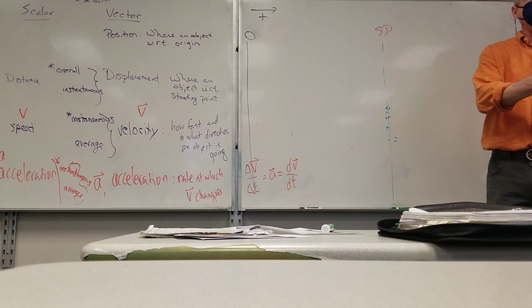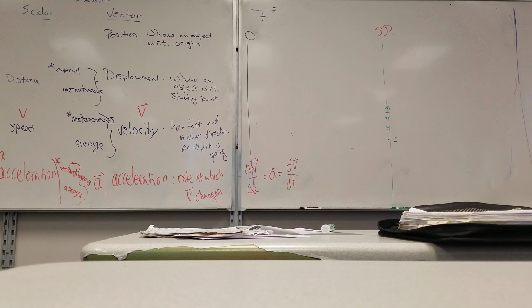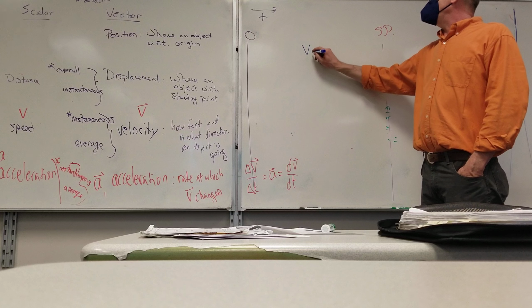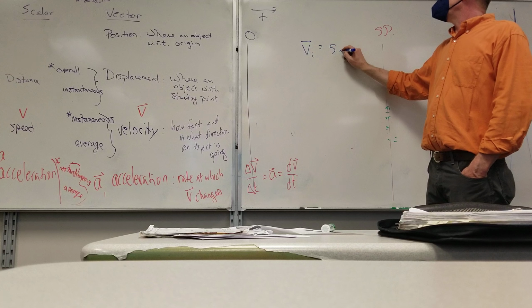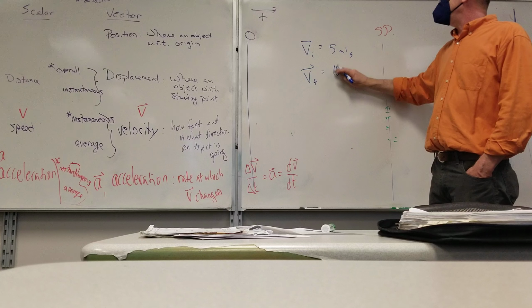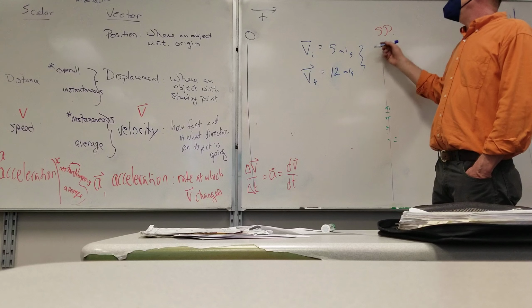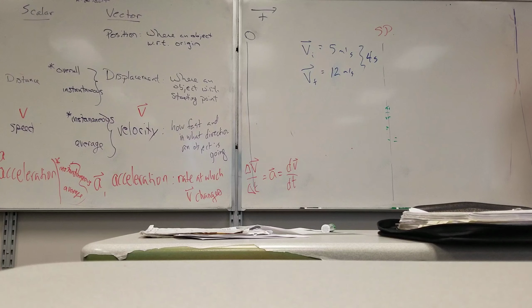All right. We'll do it numerically first before I do the motion. So if my initial velocity is 5 meters per second, and my final velocity is, let's do 12 meters per second, and I do that over the course of 4 seconds, is my acceleration positive, negative, or zero? Why?